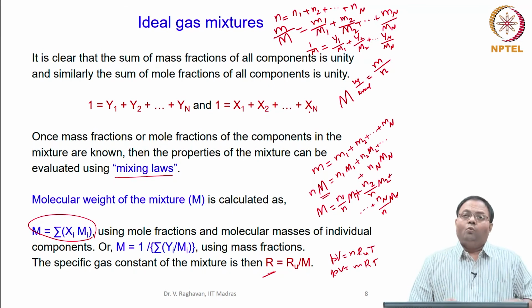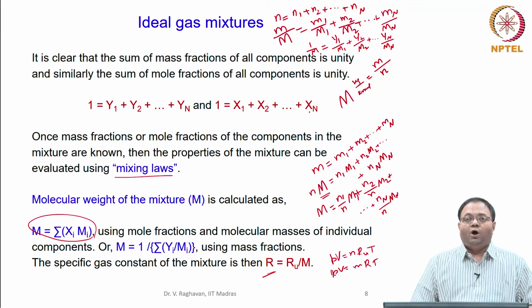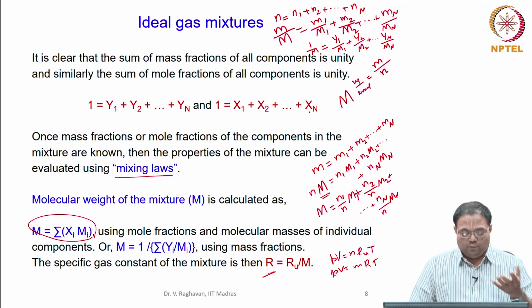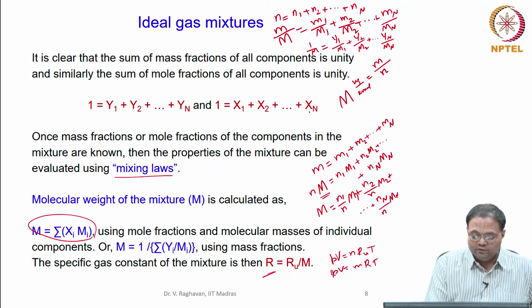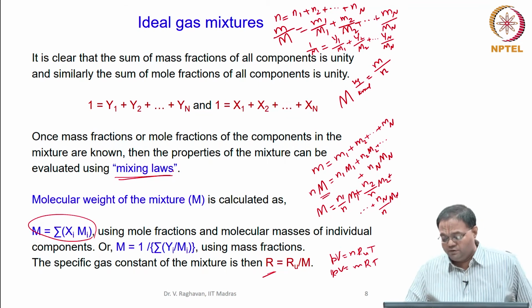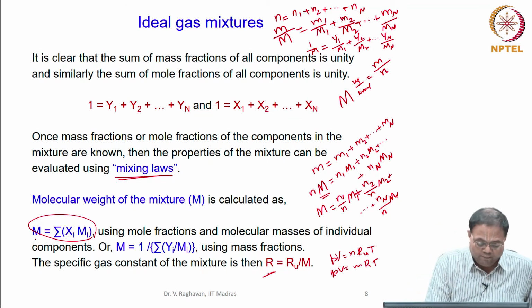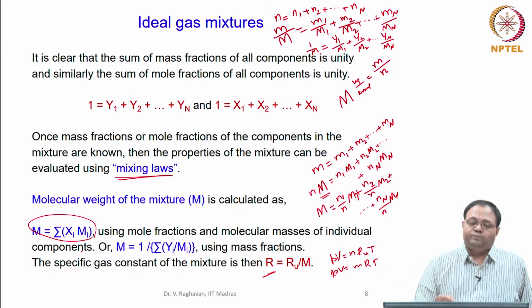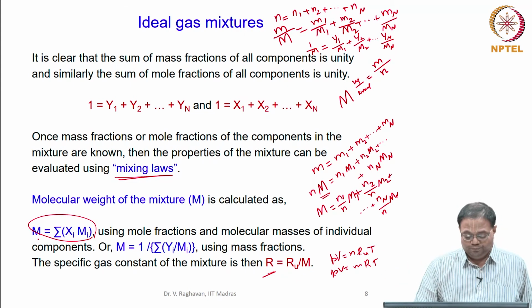Now, once you know the components of the mixture, how will you get the other properties which are required for us? Use mixing laws. First and foremost property we will try to evaluate is the molecular weight of the mixture, which is M equal to sigma xi into Mi, that is, the mole fraction of an individual component multiplied by its own molecular weight, summed up for all the species, will give you the molecular weight of the mixture.